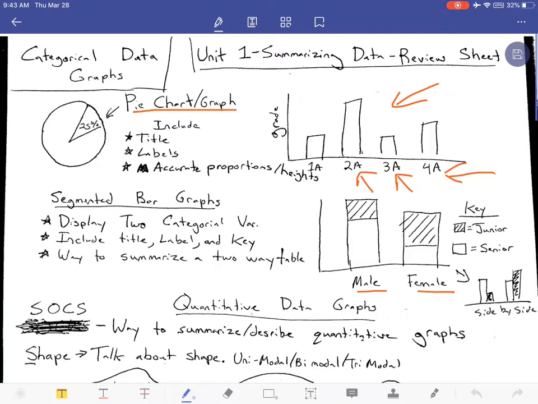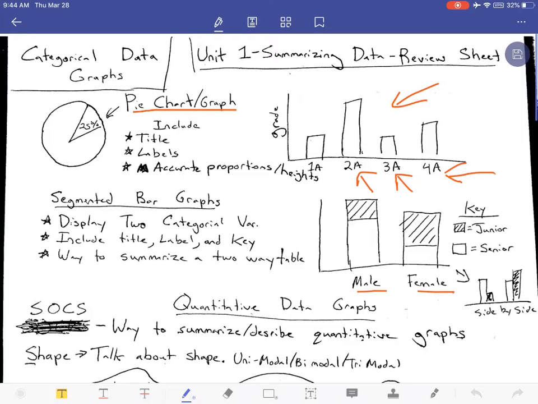Our second variable is the percentages within those groups that are juniors and seniors. You can see for the males, probably about 25% juniors, 75% seniors. And for the females, looks like about 67% juniors and 33% seniors, roughly. So that's a way that you can break two different variables down in one graph.